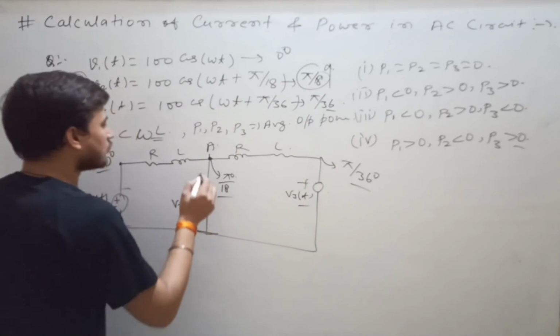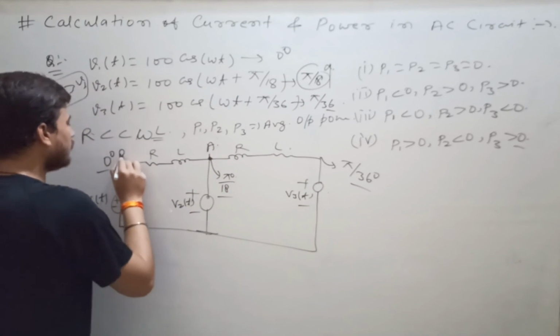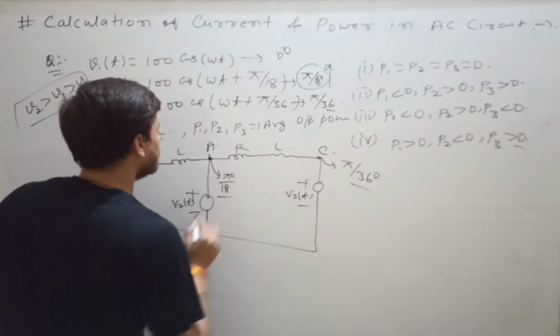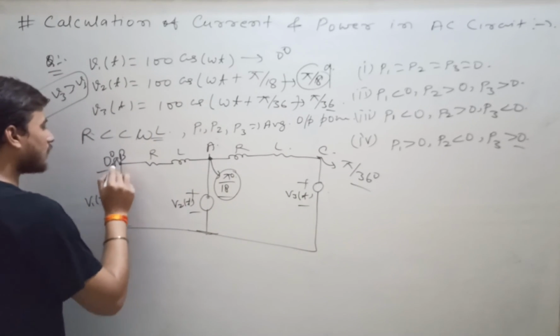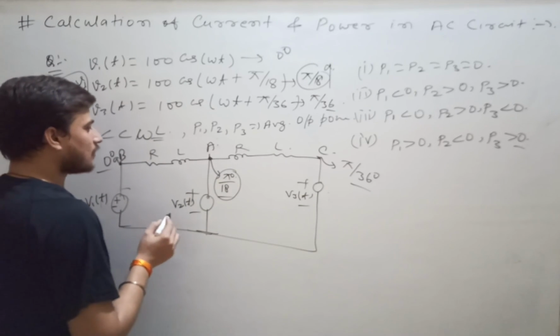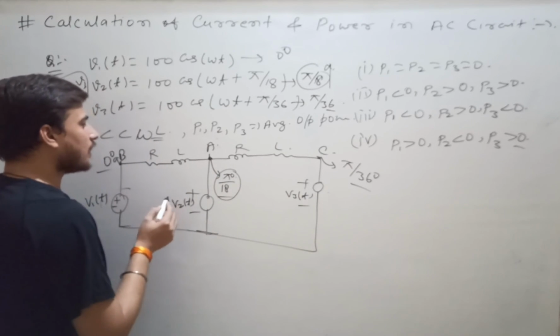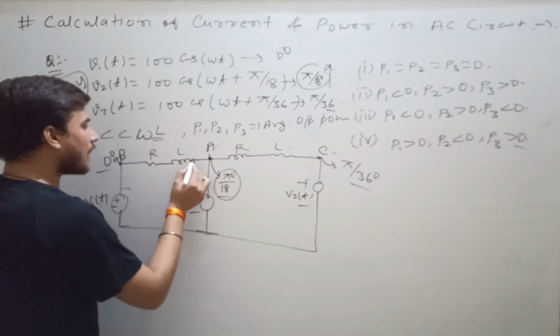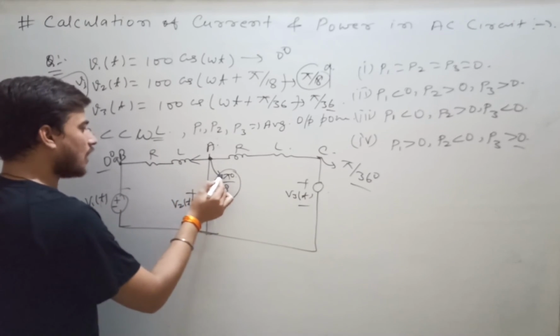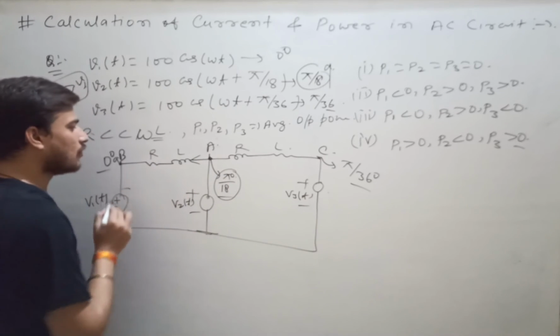Suppose this is node A, this is node B, this is node C. Node A angle is π/18, node B angle is 0 degree. Here active power will flow, and the direction of power will be from higher phase angle to lower phase angle.